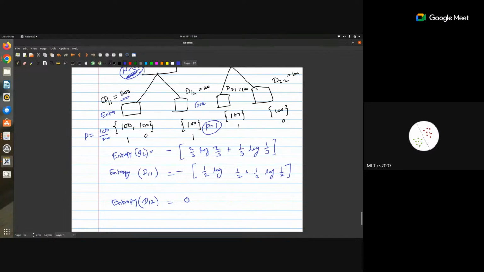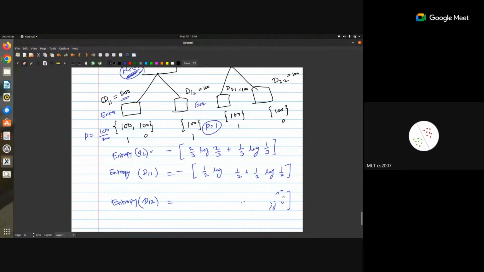And if you want to check whether it is correct, you can say minus of 1 log 1 plus 0 log 0. By convention we say that 0 log 0 is 0, and log of 1 we know is 0. So the entropy at this point will be 0.